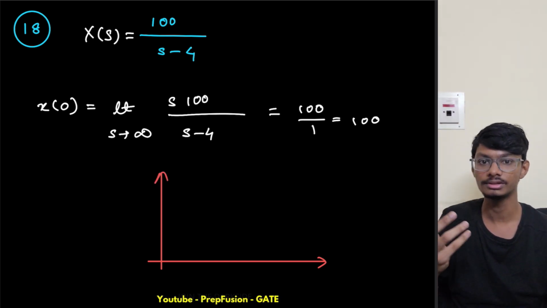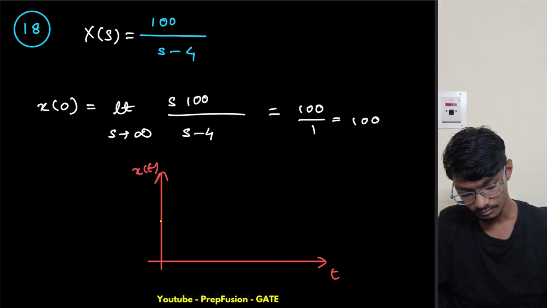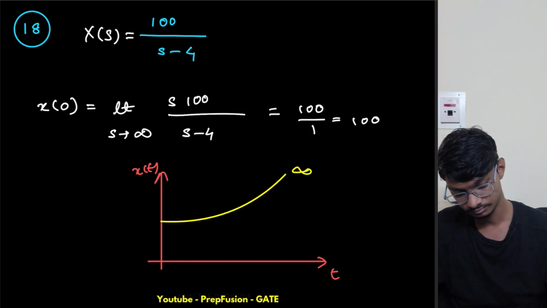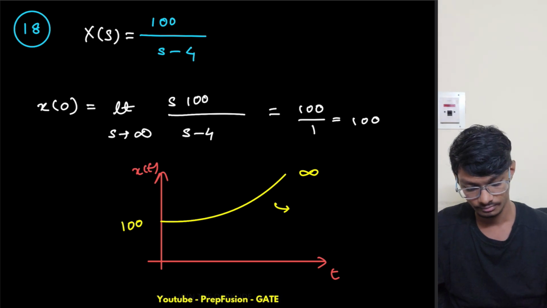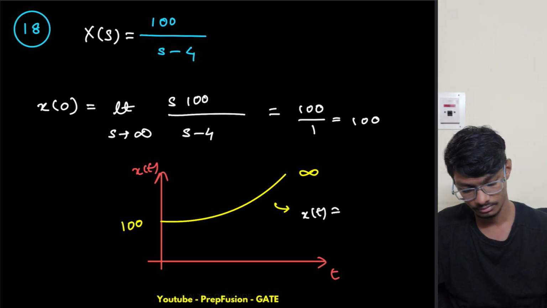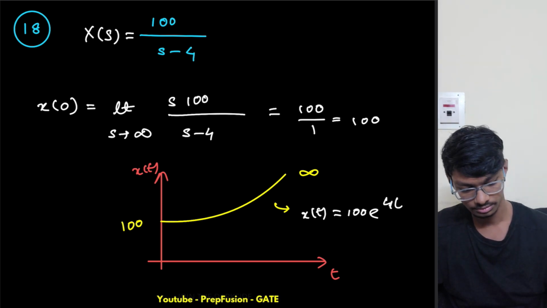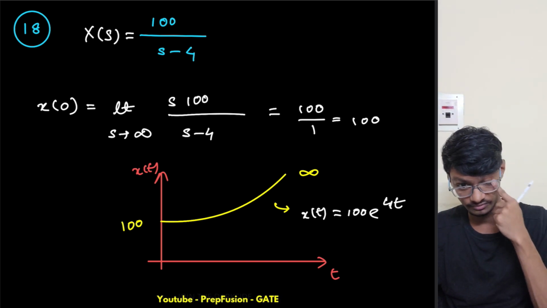But there will be some initial value of that signal, starting from 100 and going to infinity. Sorry, not 100, it's over 40. Okay, so yeah, this is what our x of t is.